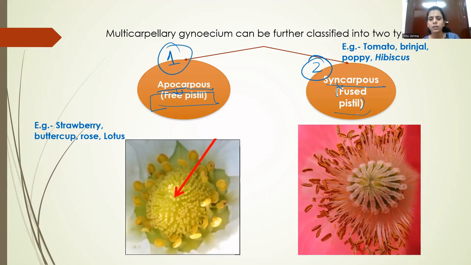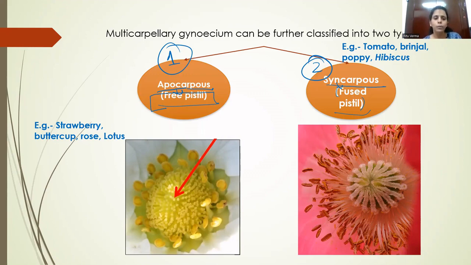So their ovaries and their styles are all held together, and on the top you can see only the stigma coming out of the flower, and maybe a short style you can notice. So syncarpous gynoecium means a gynoecium having fused pistils.